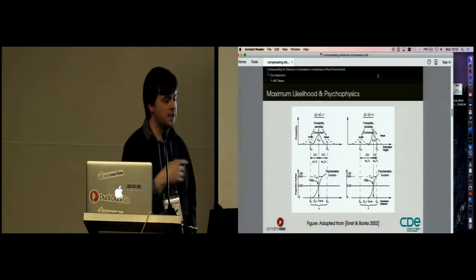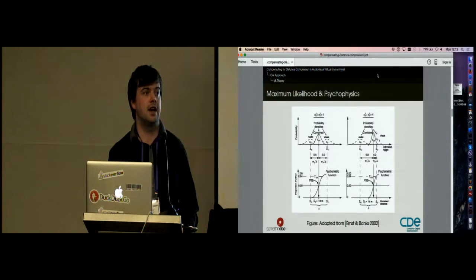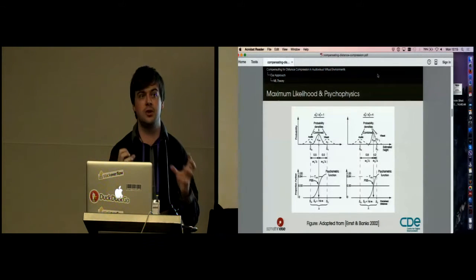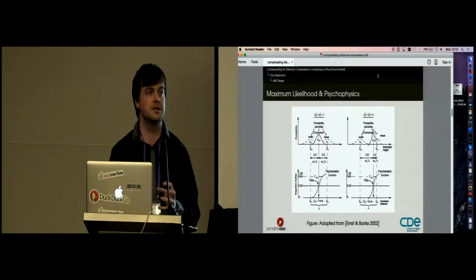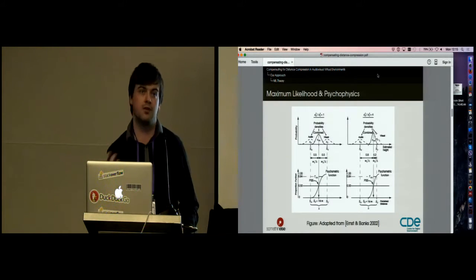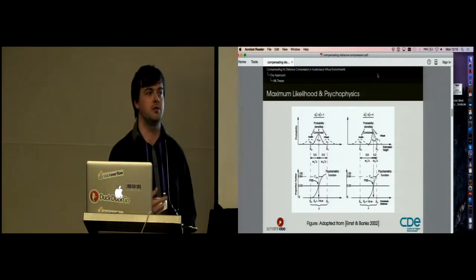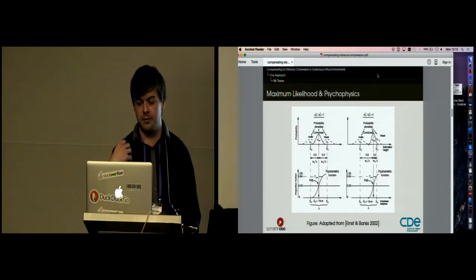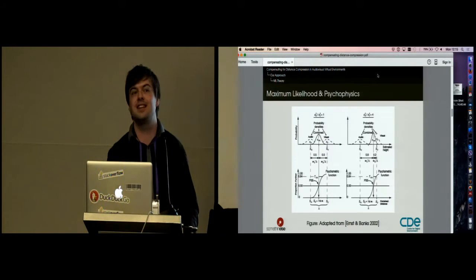On the bottom, the psychometric function shifts over to that mean value. This is basically saying that when the brain has two conflicting sources of the same information, it takes the best of both worlds and opts for the most reliable source. This is adapted from an early paper from Ernst and Banks, which was the first to show that the brain operates in this statistically optimal fashion.